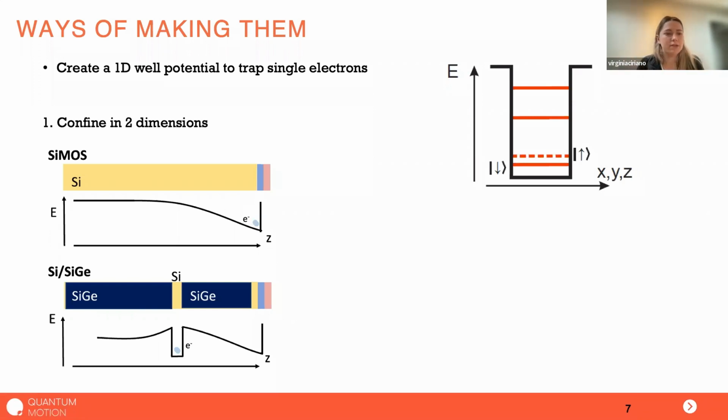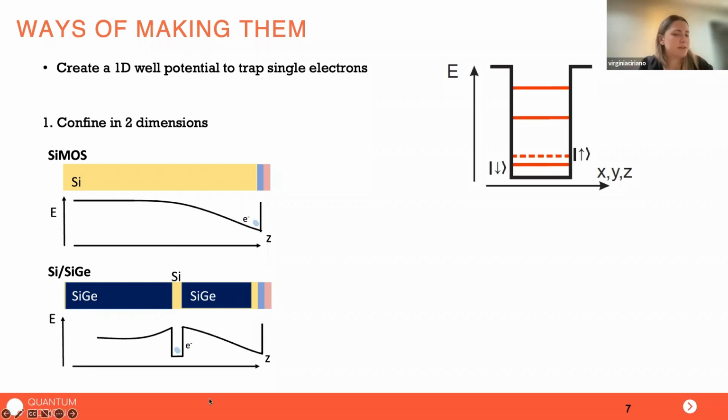The other way to create a two-dimensional gas is to use the difference in the band structure between two materials. So you can put silicon in a sandwich with silicon germanium, and that would give you the same thing. The electrons would be like a crepe or an omelette there.